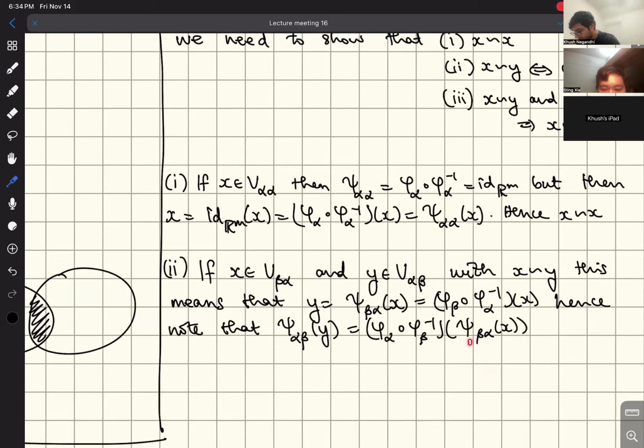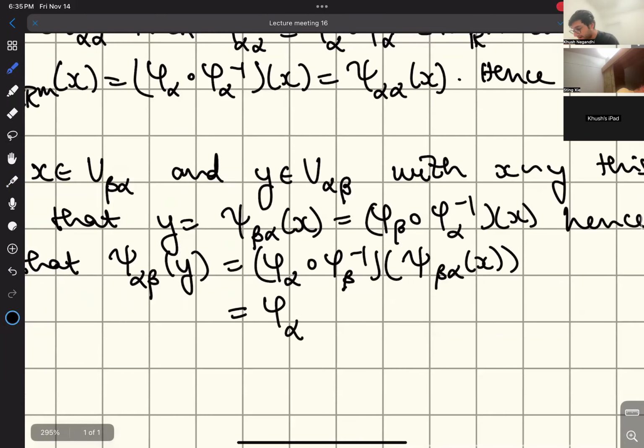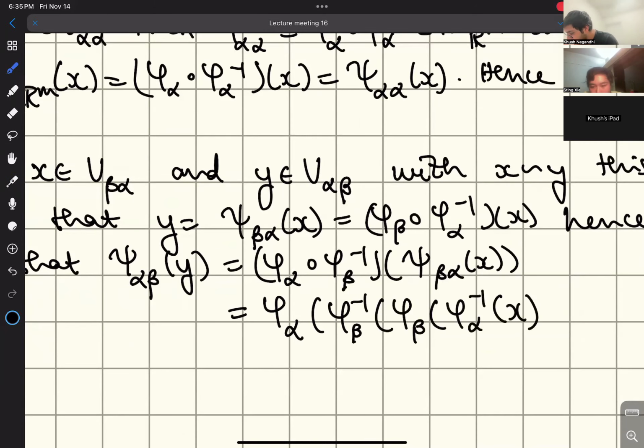So I just replaced y with this because of this equation. If you FOIL this out, this is phi of alpha, phi beta inverse of phi beta of phi alpha inverse of x.